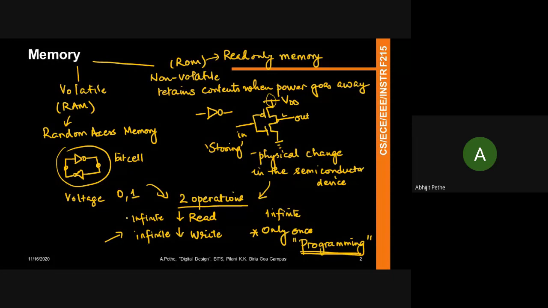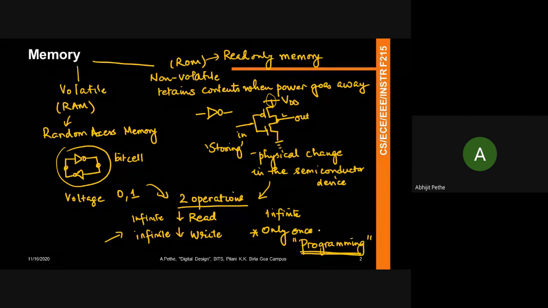Whereas when you want to write, say, a starter program, say you're designing a system which starts by itself, and once you plug it into a system, you want some initial operations to happen. You want to reset something, for example. All those sequences can be put inside what is known as a ROM, right? So the ROM will run the initial startup sequence. Even your BIOS in your computer is a ROM. That is where your initial load-up programs, your startup programs, are put in.